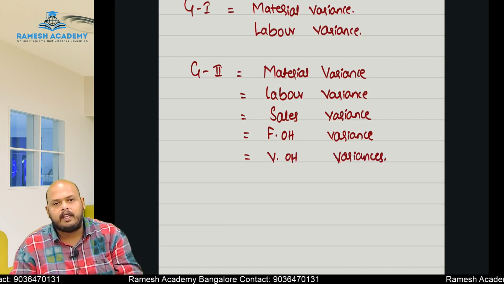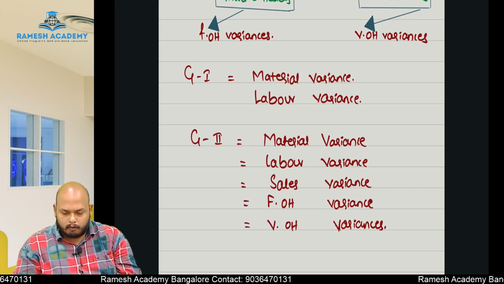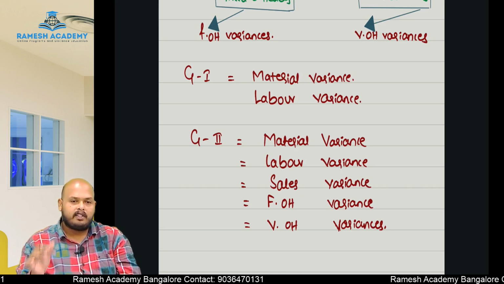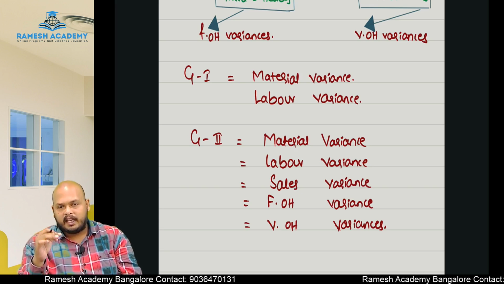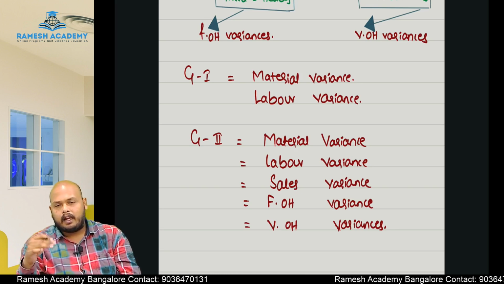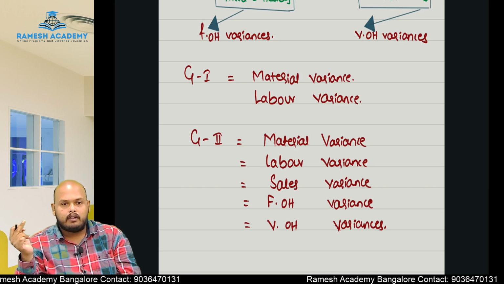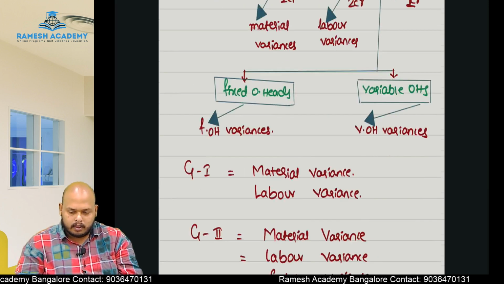All these we have in group 2. Okay? In group 1 we have only material and labor. Means if you study material and labor variance, these will become easy for you in group 2. So this is the overall structure.